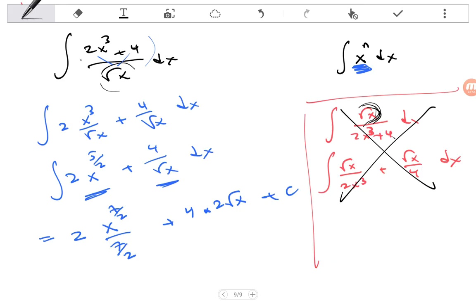Yes, I can distribute this, but I don't do the opposite. So in this case, how can I solve it now? I insist that this is never solved by making it like this.